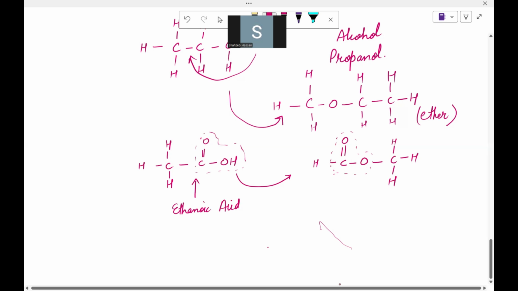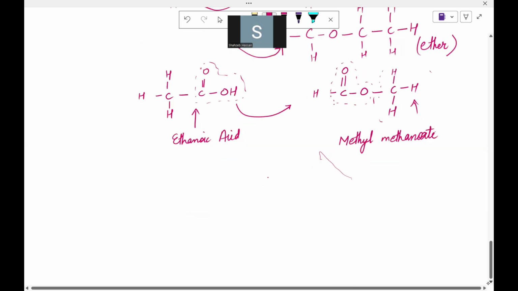First we are going to look at this group. So this is methyl, and then this is methanoate. Methyl methanoate. Okay. So we can see that both are basically functional group isomers of each other.